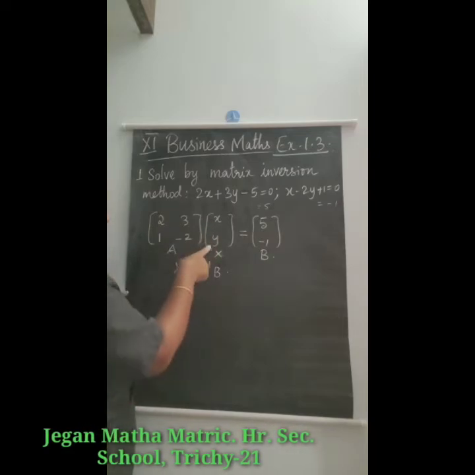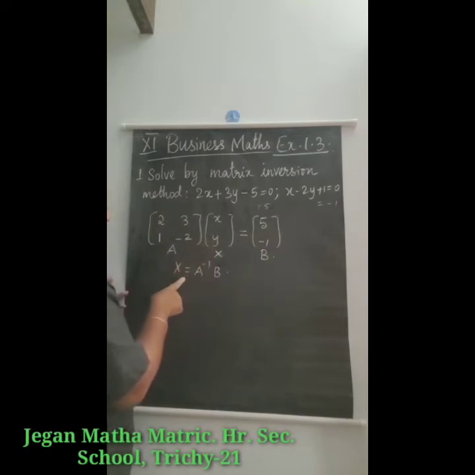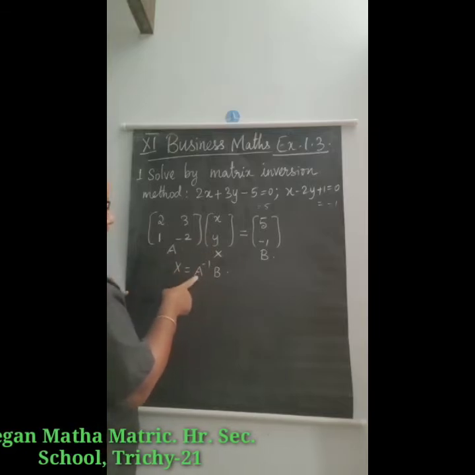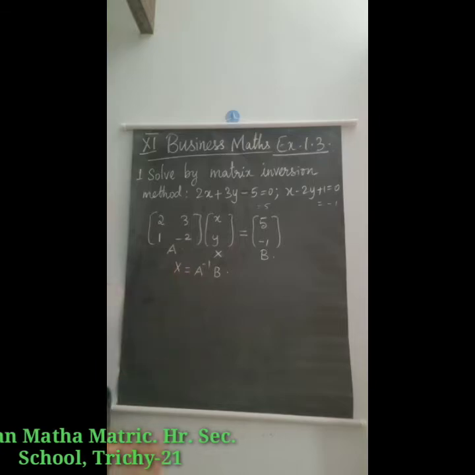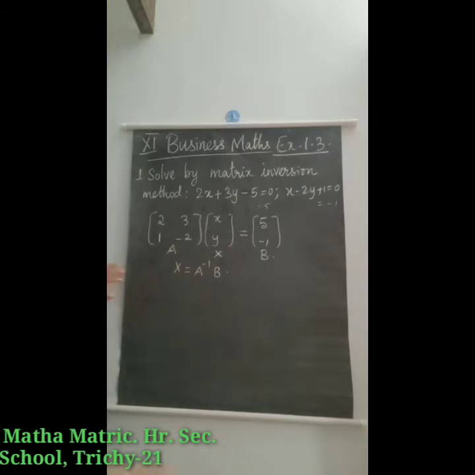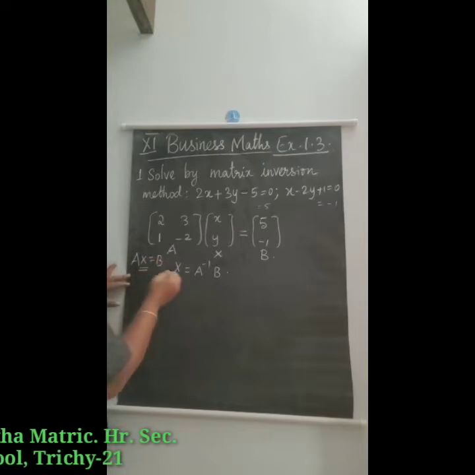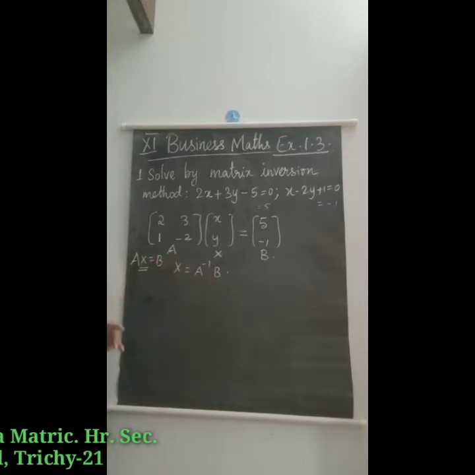We have to find out the value of x and y. So AX is equal to B. When A goes to that side, we get A inverse. We want only x, so x is equal to A inverse B.